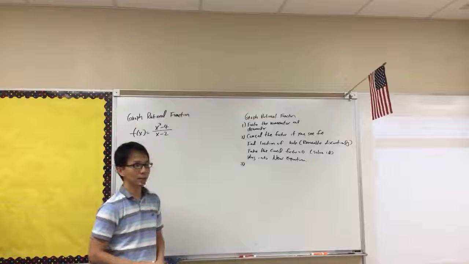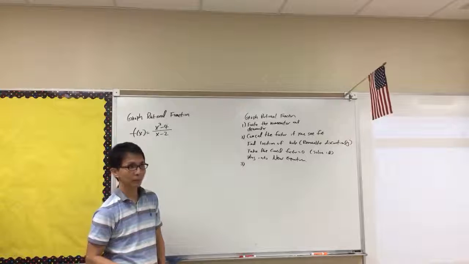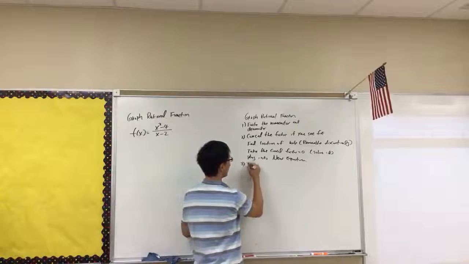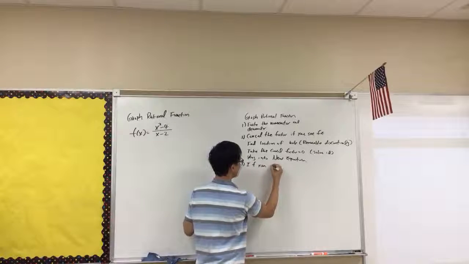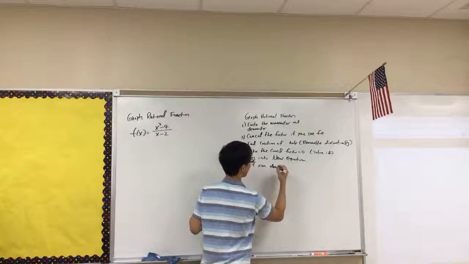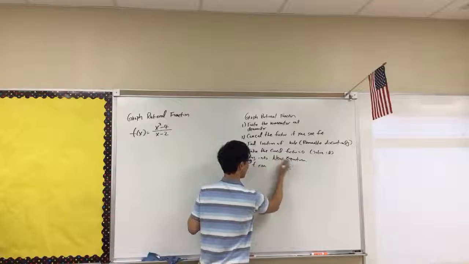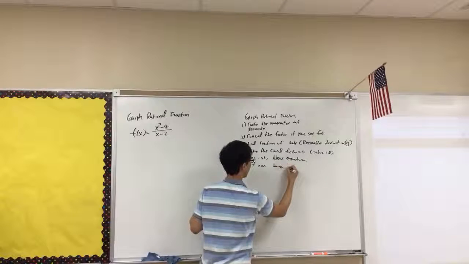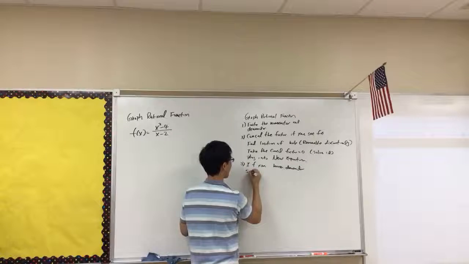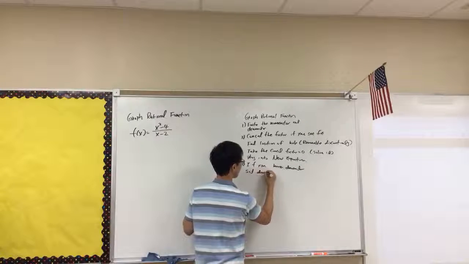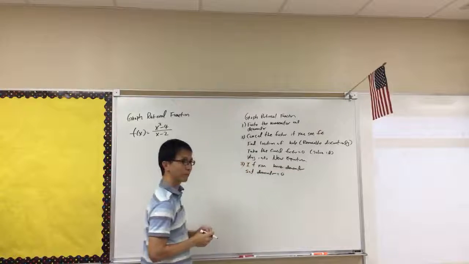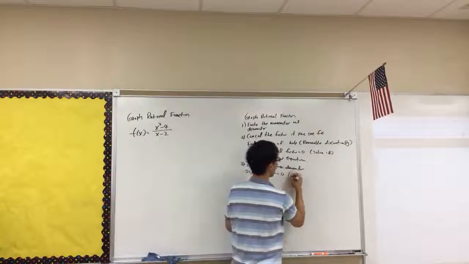The third step is, if you have a denominator, set the denominator equal to 0. We're going to call this a vertical asymptote.